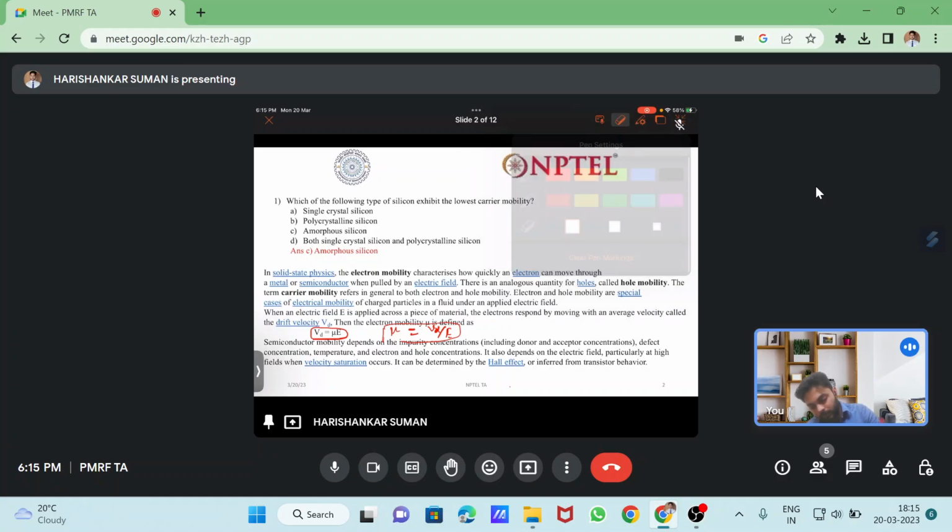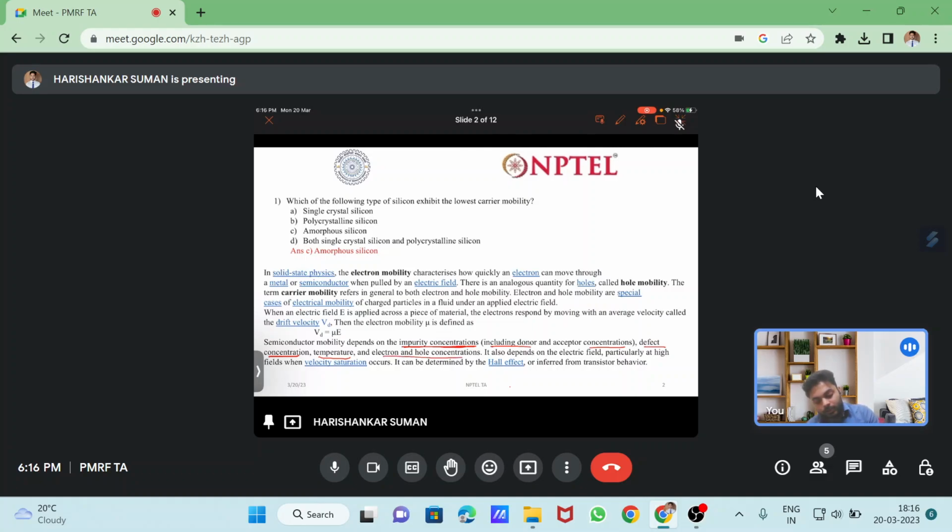This is the formula, but semiconductor mobility depends first on the impurity concentration, including donor and acceptor concentration, defect concentration, the temperature, and electron and hole concentration.